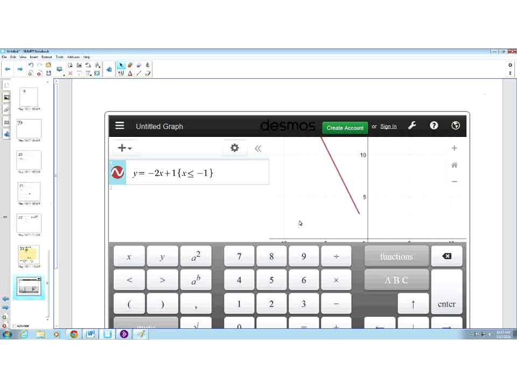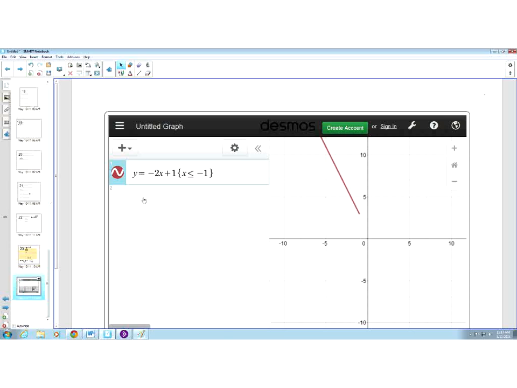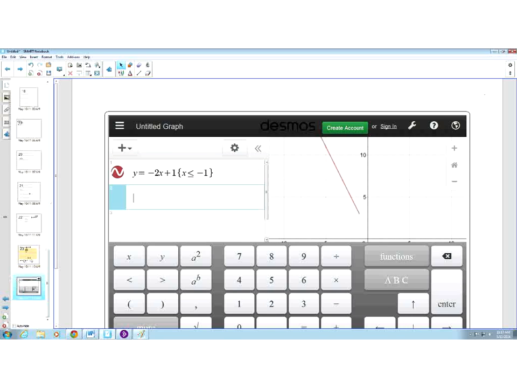And so you see the branch right here. Here's the red branch. And then for x between -1 and 2, we had y is equal to 3, for -1 less than or equal to x less than or equal to 2. Okay, and you see it drawn as the blue component.